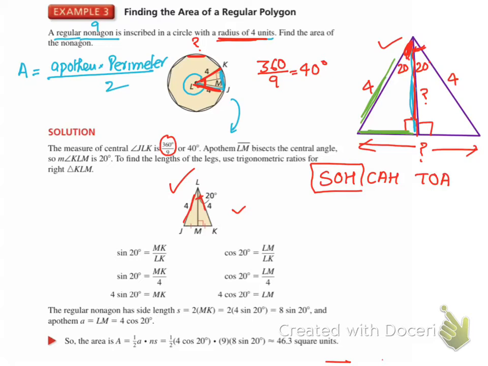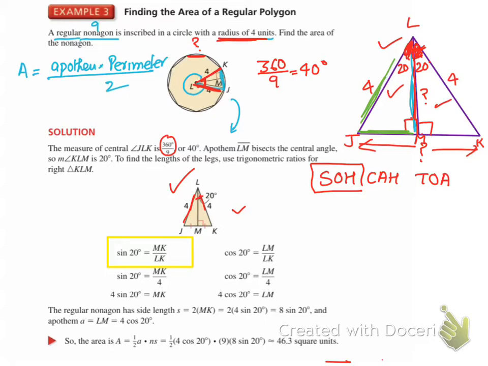We haven't been given this, so just plug it in. Here you get sine 20 is MK over LK. They have used different names, so they have MK, this is J, and this is L. Instead of this triangle, they're taking this one. It's fine, both are congruent.